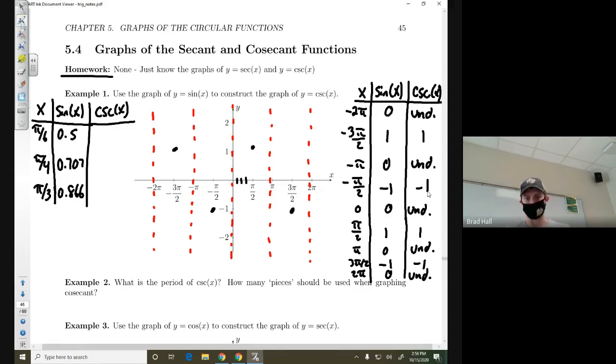Obviously, 1 divided by 0.5 is just 2. 1 divided by 0.707 is 1.414. 1 divided by 0.866 is 1.155, I guess.